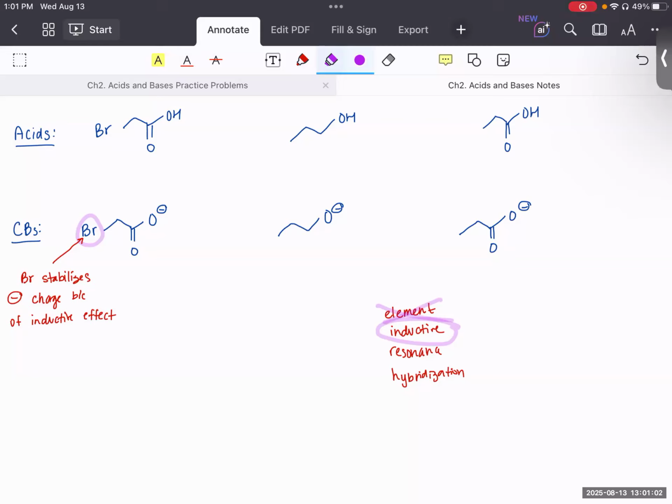Here we can also see that some of these are going to be stabilized through the resonance effect. For both this first one and this third one, we can draw out resonance structures that stabilize that structure.